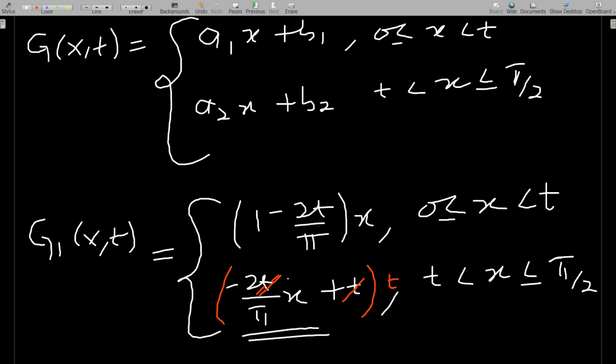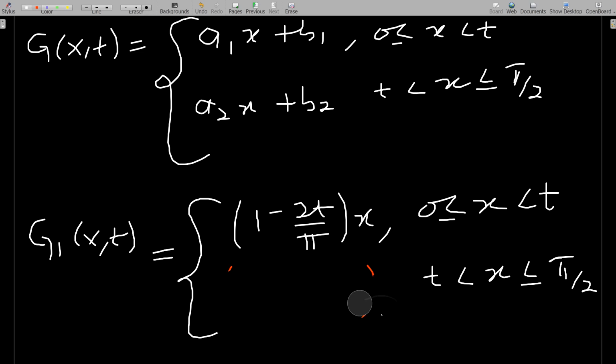With minus 2x over pi, I can reshuffle and make it 1 minus 2x over pi. Let me clean these and write it very easily for you, so that when we do our integrations, we get to the integration part: 1 minus 2x over pi times t.